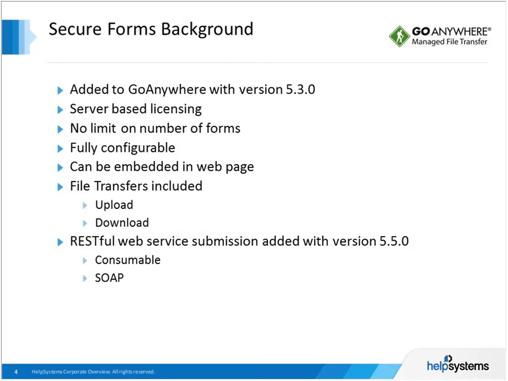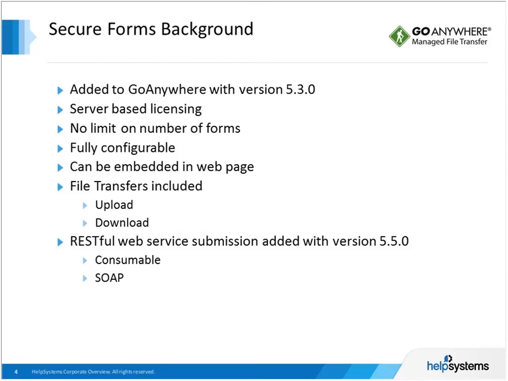Now, after GoAnywhere put secure forms into the product, under version 5.5, they enhanced it that much more and added RESTful web service submission. So now you can actually consume a service. This was something that prior to this version we couldn't do.